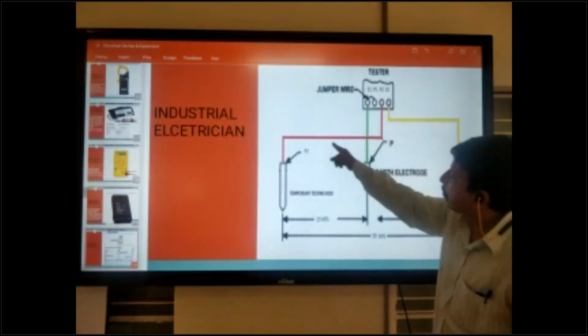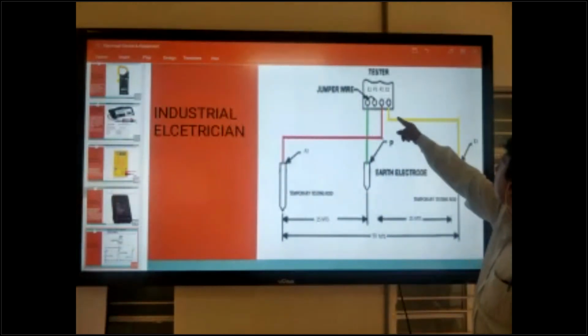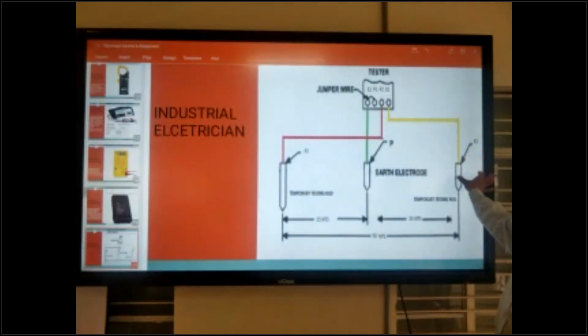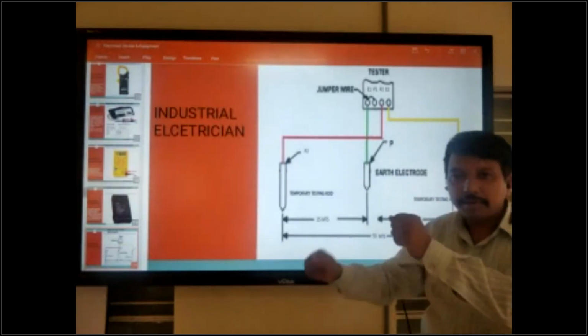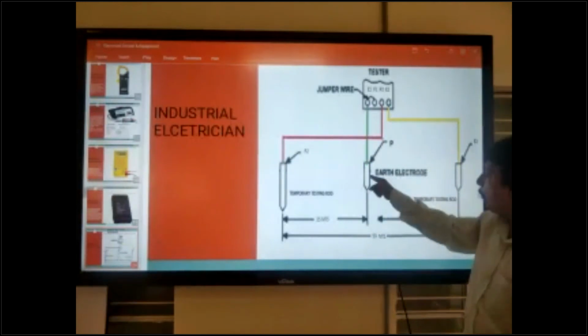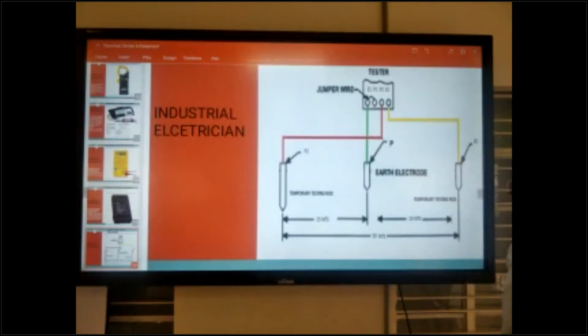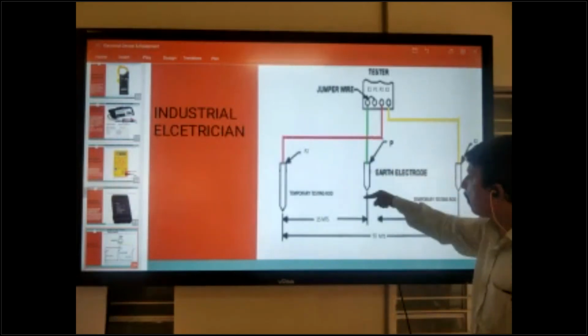P2 goes to one temporary rod and E2 goes to one temporary rod. You put them inside the earth. Okay, this is your permanent one. You want to check the resistance value of this permanent building earthing.